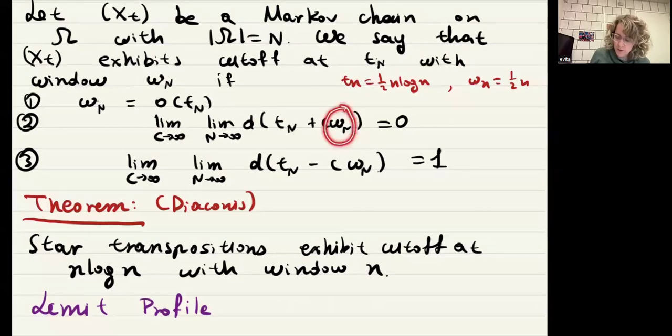But for example, if you could prove, say, for random transpositions, that part 2 is true for window n log n, but for some reason you cannot control the upper bound very well, and your lower bound is still order n, then we would still communicate to each other that the window we have found is the worst one, the n log n, but we expect it to be the other one.